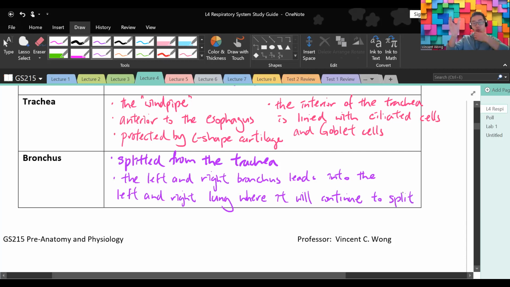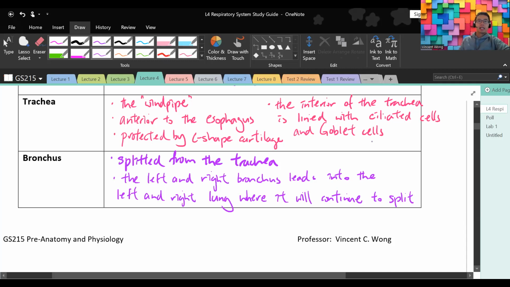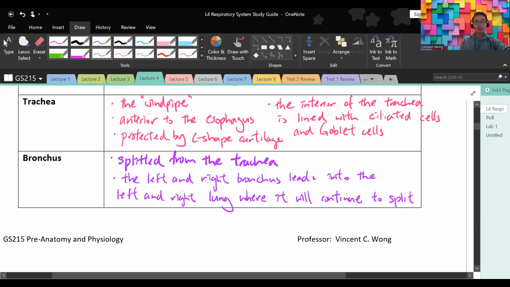Okay, so as I showed you earlier, the main bronchus is going to split into secondary and then tertiary. Keep on splitting. It looks like an upside down tree, okay, where the branches are representing the various levels of the bronchi.